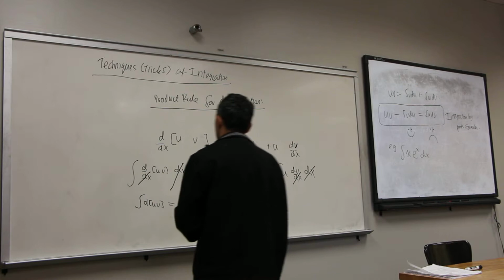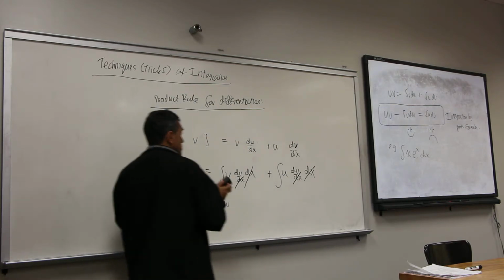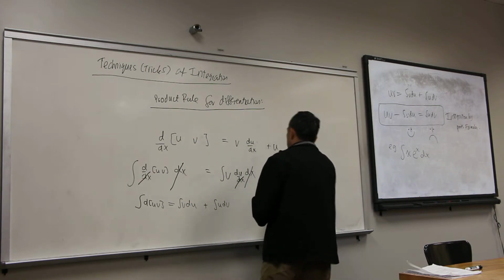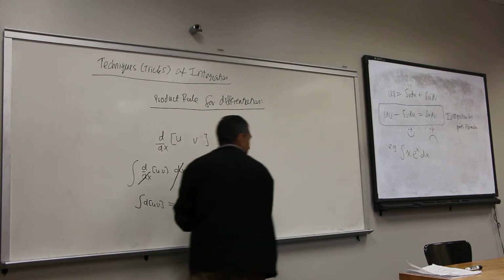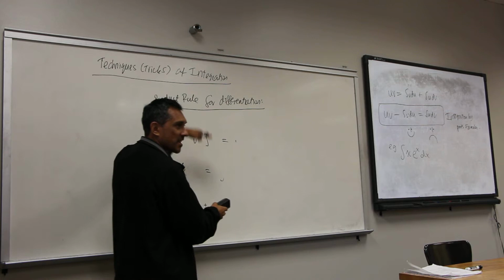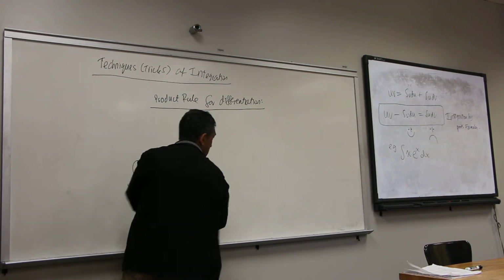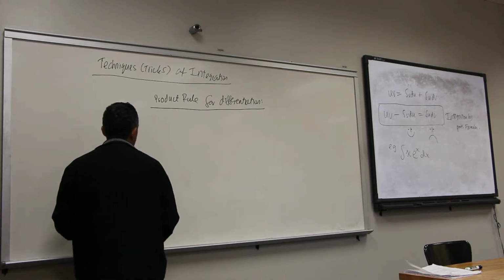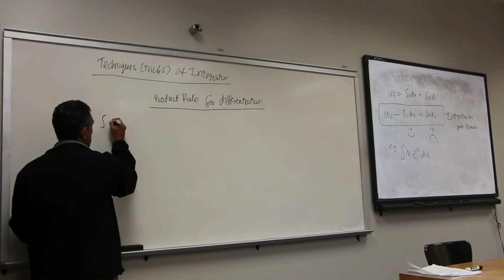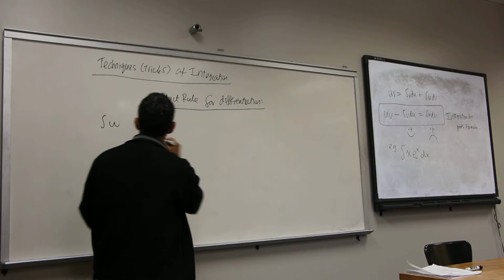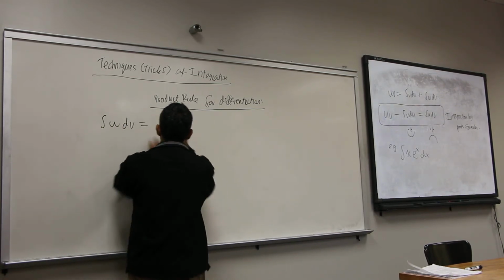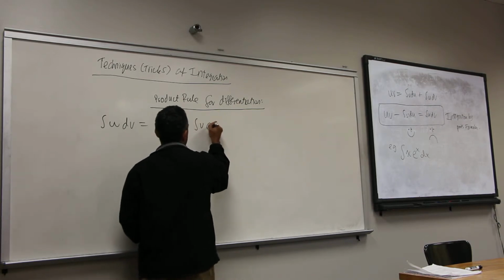Let's see. When I did these problems many years ago, I really wrote the integration by parts formula down. I encourage you to do the same, although a lot of people on the test don't do it. I don't know why. So the integration by parts formula is what? The integral of u dv is equal to uv minus the integral of v du.